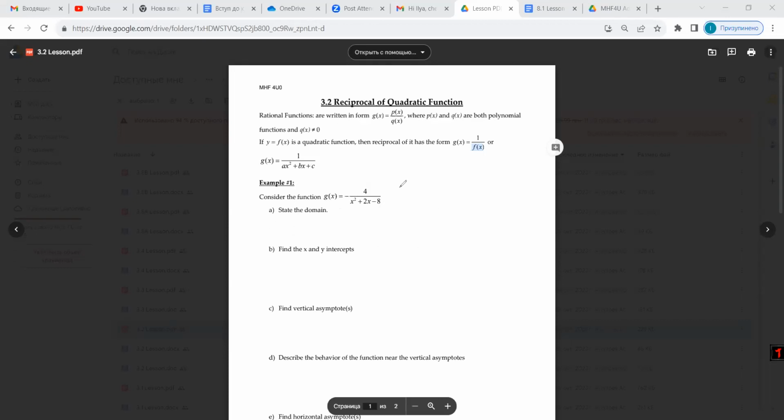Let's go step by step. Let's state the domain of this function. Is anybody willing to do it? Mohammed Halil, you said you did it in grade 11. Would you like to try to answer this question? Mohammed, unmute yourself, please.